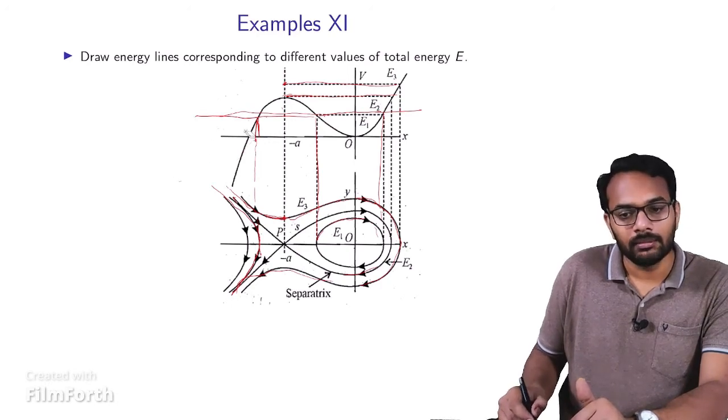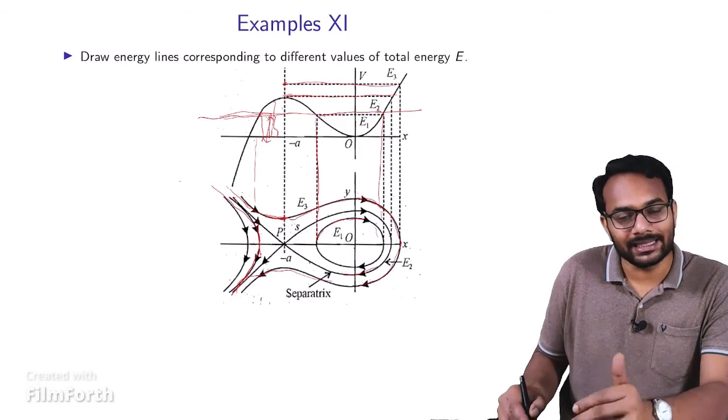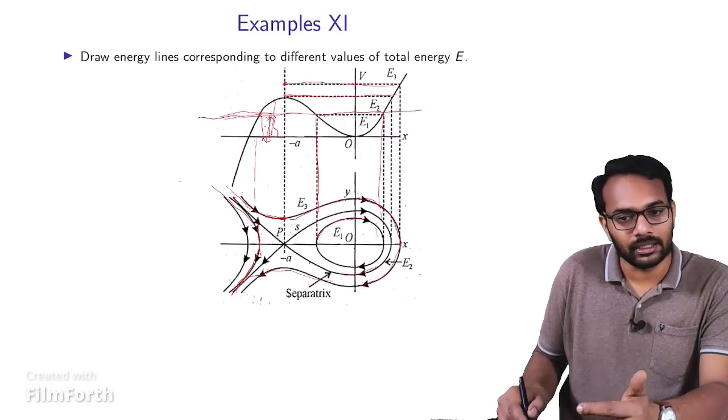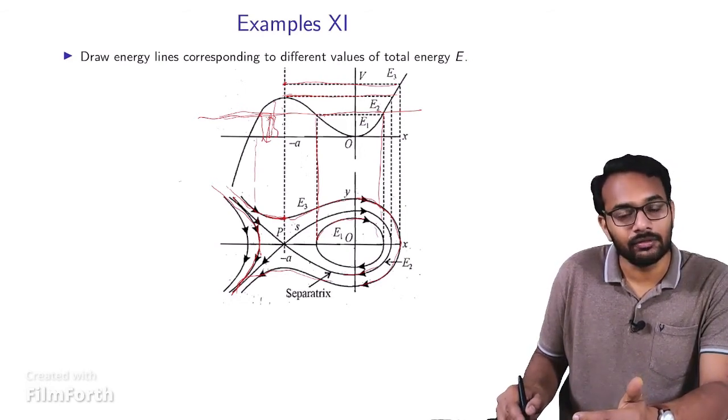If energy is E2, inside this, for example, this is the height of the potential energy, this is the height of the energy, you see that V is greater than E. So this region is classically forbidden.